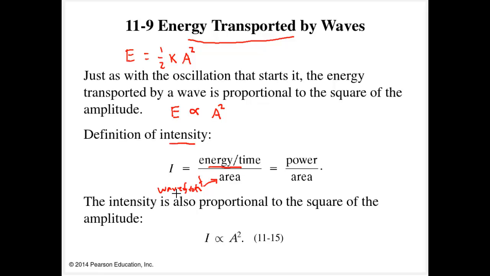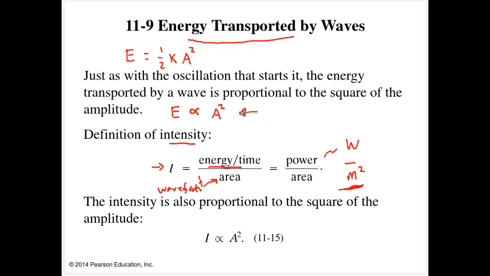So think about the area of the crest of the wave, for example. Then the ratio of this energy per time in the area is going to be the intensity. We know that energy per unit time is also going to be power. Power having a unit of watts, area having a unit of meter squared. So the units of intensity is going to be watts per meter squared.